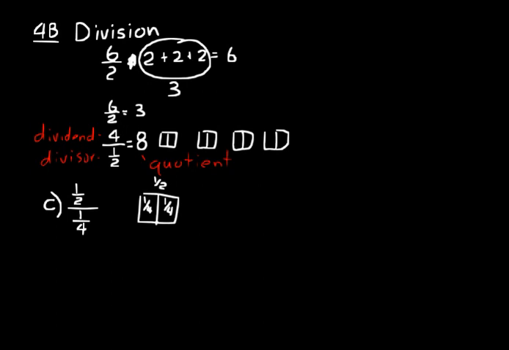That means that 1/2 divided by 1/4 equals a positive 2. And that would be our answer. The quotient means how many groups can you divide a certain number into. How many groups of 1/4 can we divide 1/2 into? Well, we can divide it into 2 equal groups of 1/4.